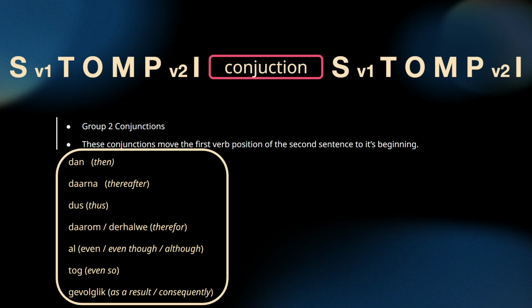They're not all of the group 2 conjunctions, but they're the most common ones. "Dan" meaning then, "daarna" meaning thereafter, "dus" meaning thus, "daarom" or "derhalve" meaning therefore, "al" meaning even though or although. It's a very nice efficient word in Afrikaans. "Toch" meaning even so, "en gevolglik" meaning as a result or consequently.